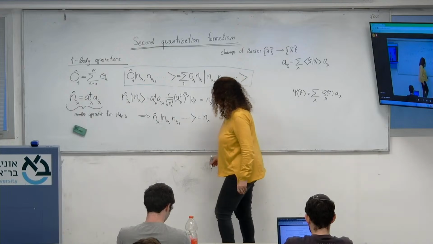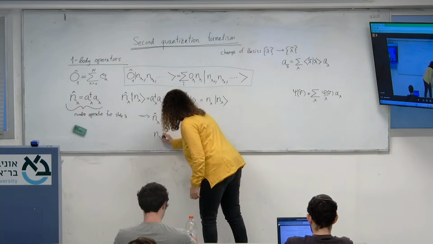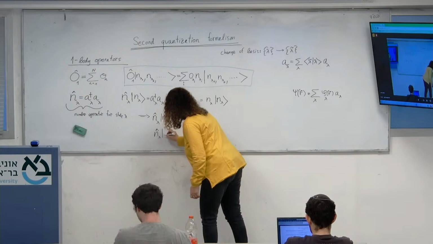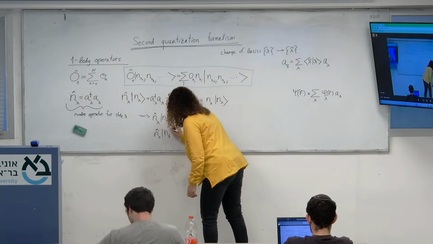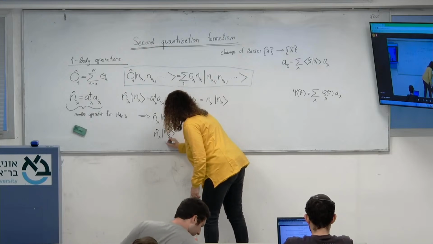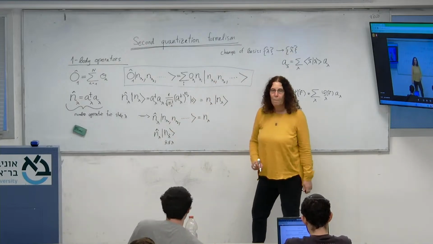Why does it give 0? Let me just mention it for completeness. If I apply this on a state where lambda prime is different from lambda, what will I get?